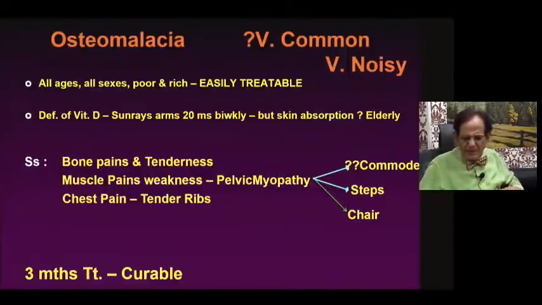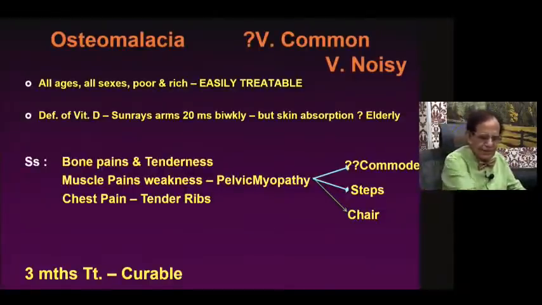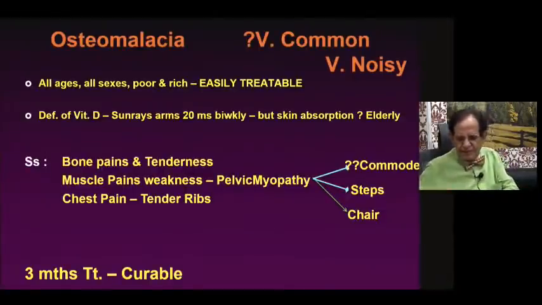So all the bone pains, and on top, the muscles also paining. So the chest pains go on, and doctors go on taking X-rays, cardiograms, normal, everything normal. What they don't understand is that when these ribs become osteomalacic, the ribs break like this.